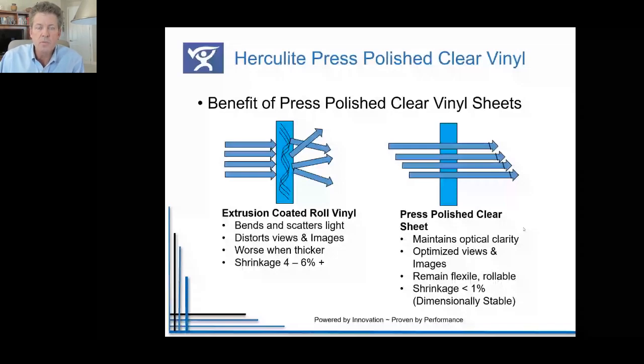It also comes with a shrinkage factor. When you put the clear vinyl through a process like ours, where you press polish it, you maximize the clarity and you also maximize the dimensional stability because you take all of the stretch out of it. So you bring your product to less than 1% in shrinkage, and you've got a very dimensionally stable product.